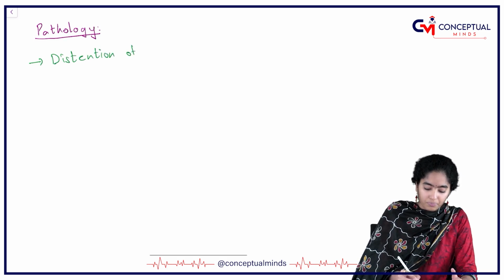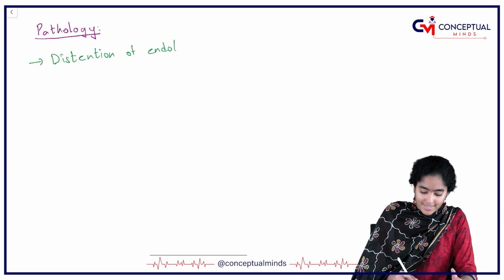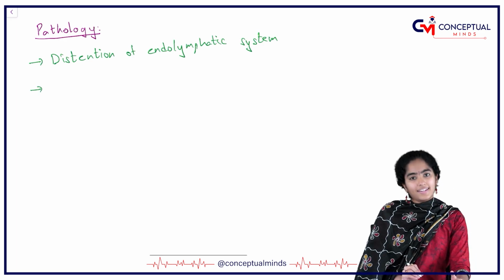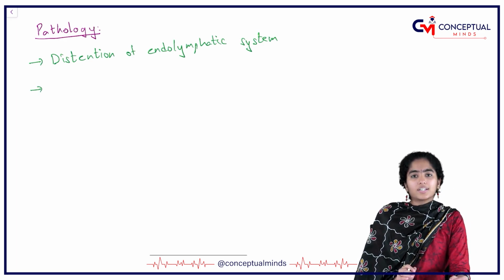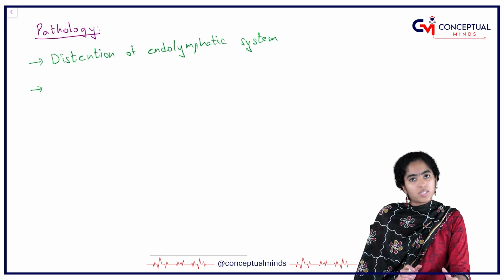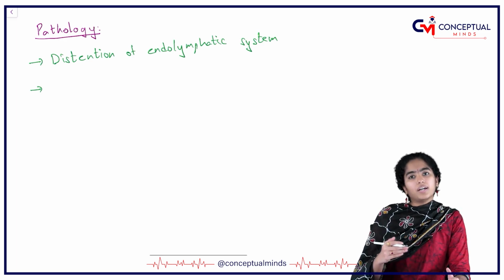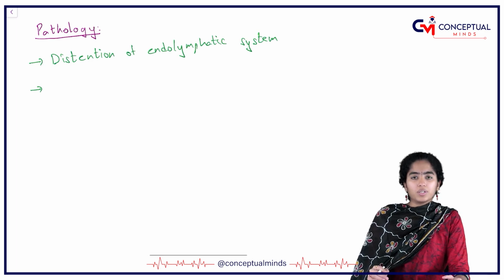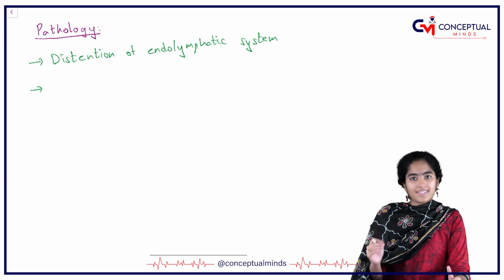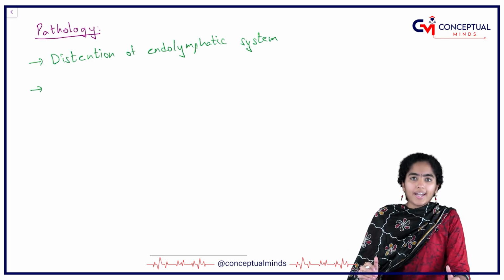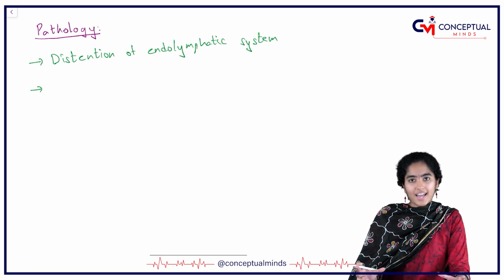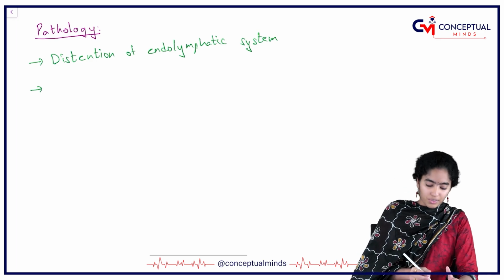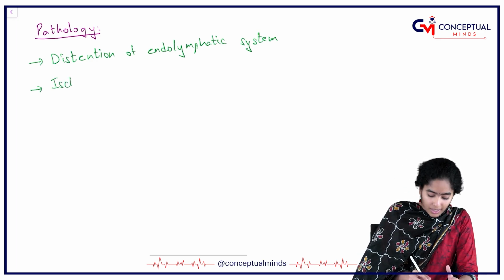Distension of the endolymphatic system. There is perisaccular ischemia and fibrosis, and this ischemia and fibrosis leads to inadequate absorption of the endolymph by the endolymphatic sac. As I have told, this has been observed while performing endolymphatic surgery also, that the sac is ischemic and fibrosed.